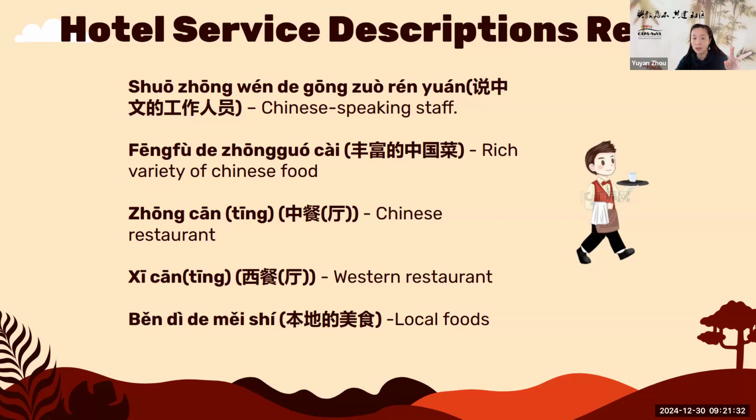Local is right now the adjective to describe your subject. Okay, so 本地的美食, 本地的饭馆, 本地的 whatever. Okay, that's the blank behind. Very nice. Keep going.